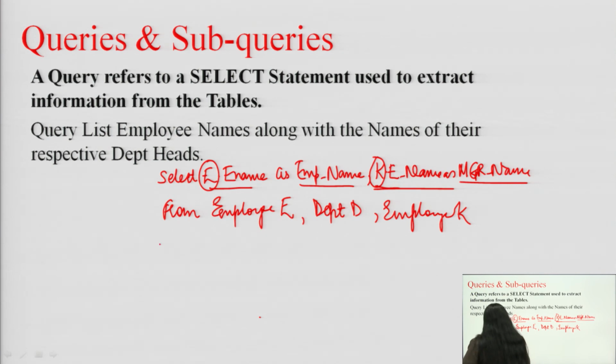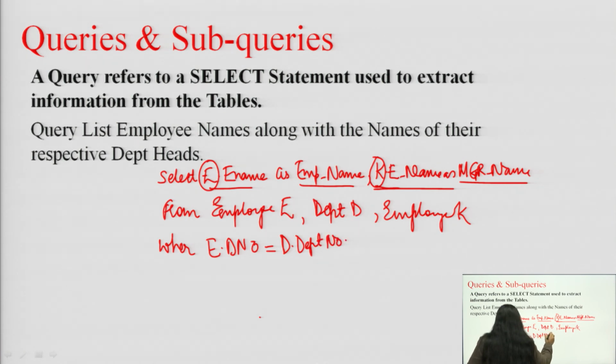And now, we will specify where E dot department number is equal to D dot department number. This is what we are doing, we are creating the relation, we are creating the match, and D dot department head is equal to K dot E I D, right.